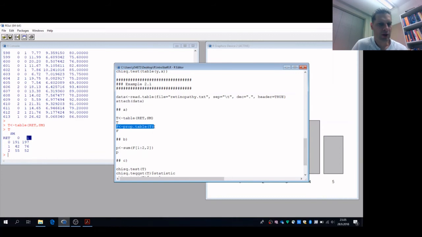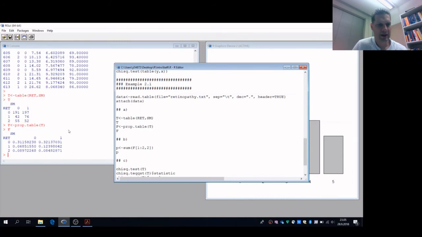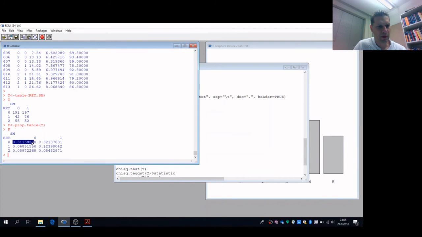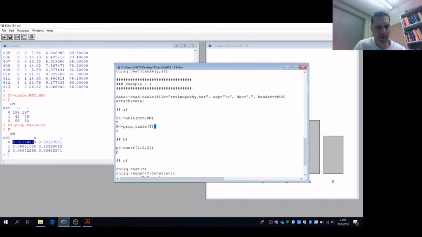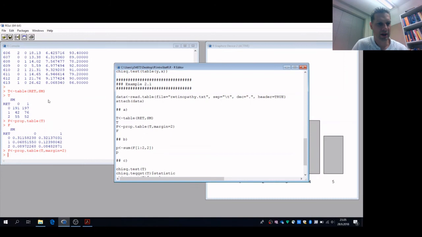And if we want to calculate the conditional relative frequencies, then we use this prop table function, and we get in this case these sort of probabilities. And if you look at these categories, so given that, oh sorry, that's not right, we need to have a margin given here. So the margin should be 2, otherwise it doesn't make any sense. Or it just calculates the total frequency, considering both of these variables as random variables.